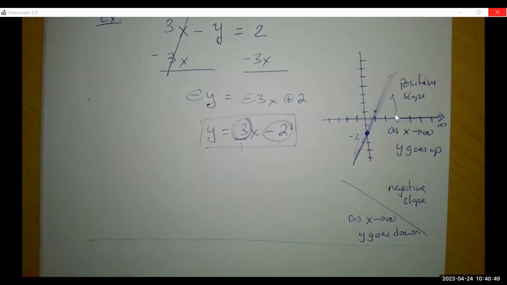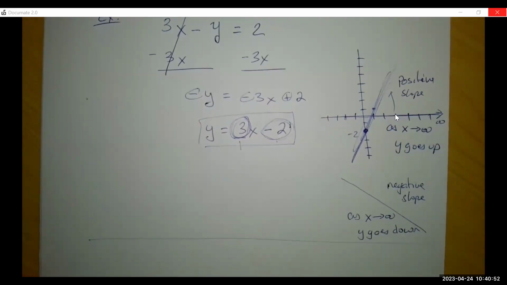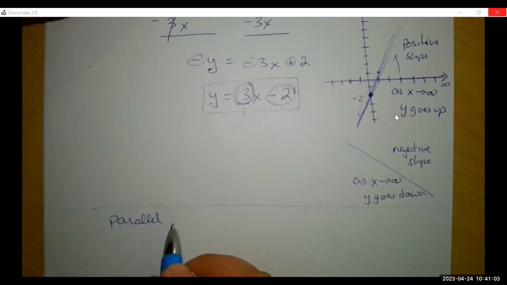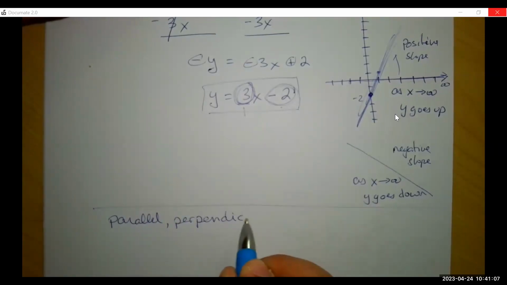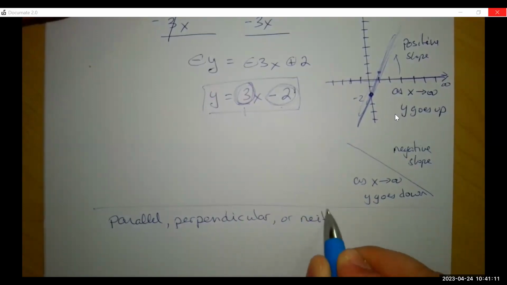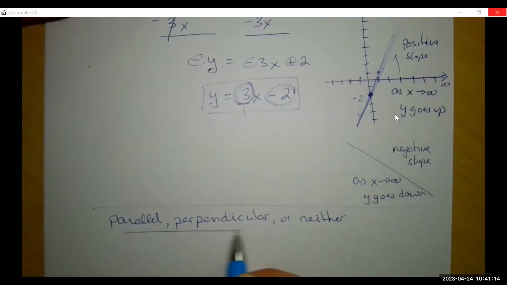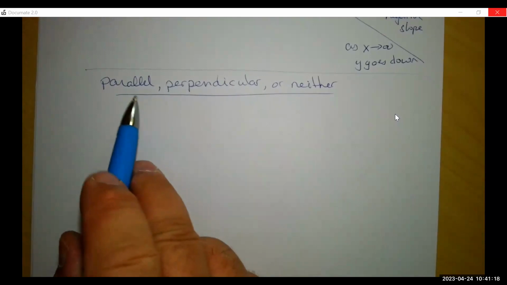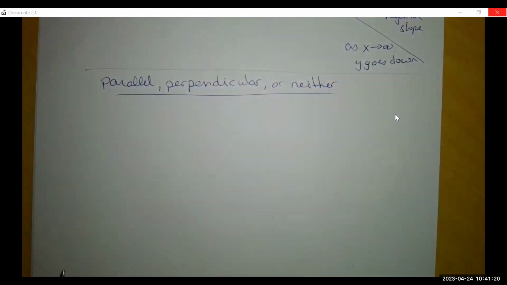All right, in the next couple of sections, actually, the whole entire next chapter and the next section will deal with these next type of problems. The next topic we're going to talk about are parallel, perpendicular, or neither.